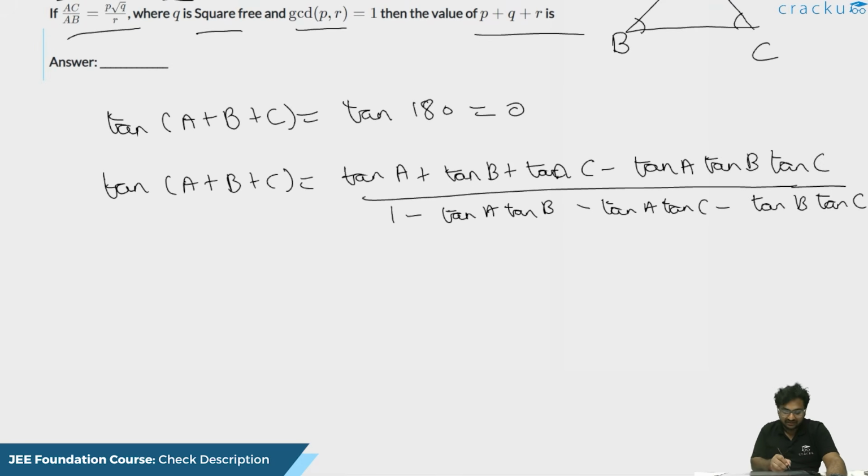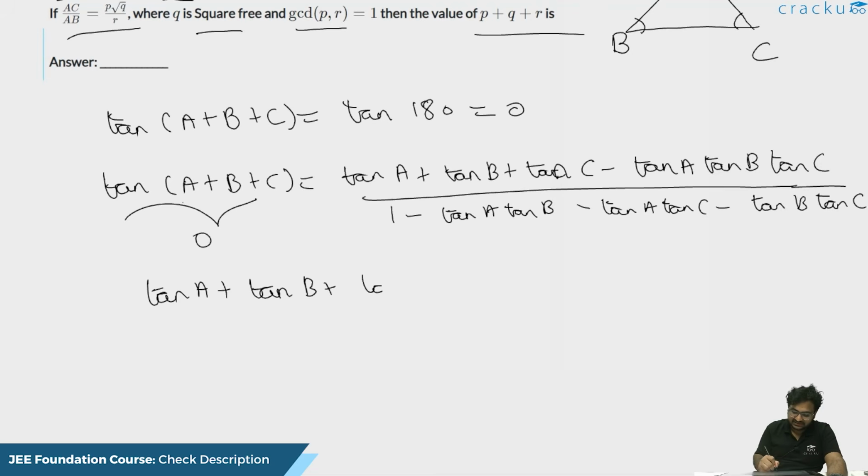But it is already given this is equal to 0. So we can get tan A plus tan B plus tan C is equal to tan A tan B tan C.